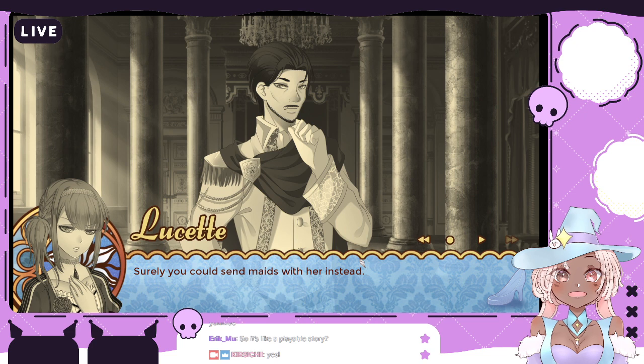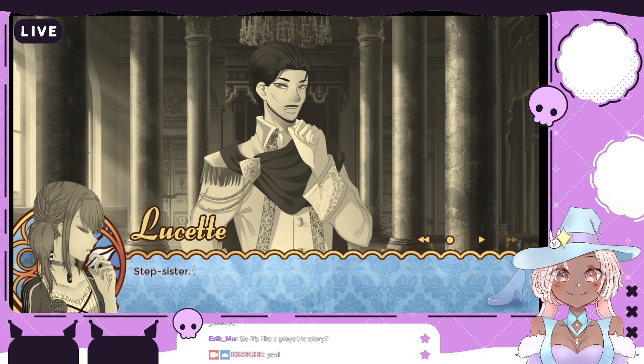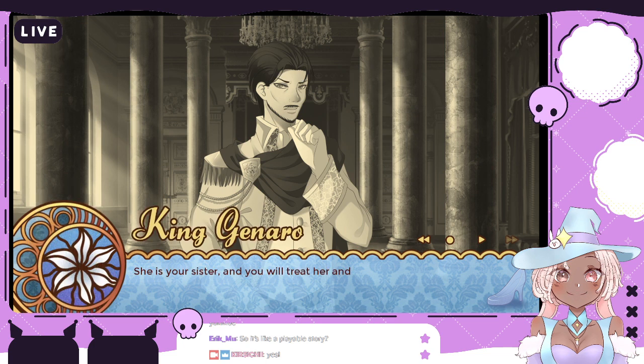Surely you could send maids with her instead. I would not have requested you to accompany her if I was going to send her with her maids. I want you to make an effort to get along with your sister, stepsister. She is your sister, and you will treat her and Rod as if they were your blood.